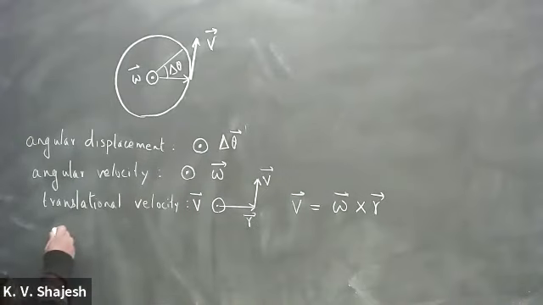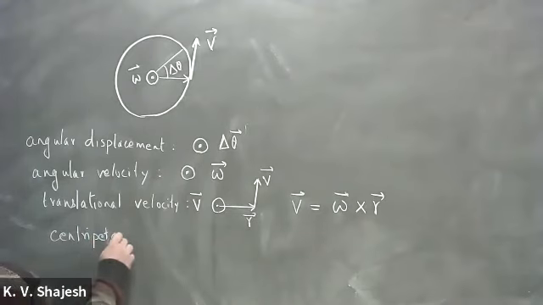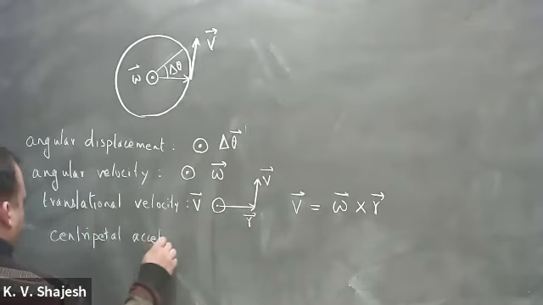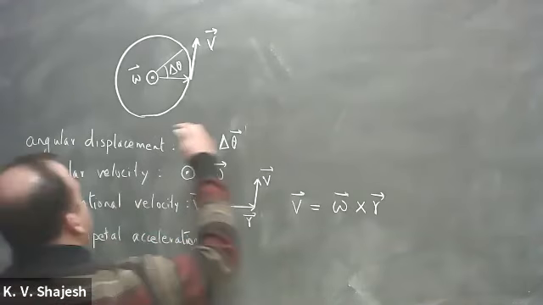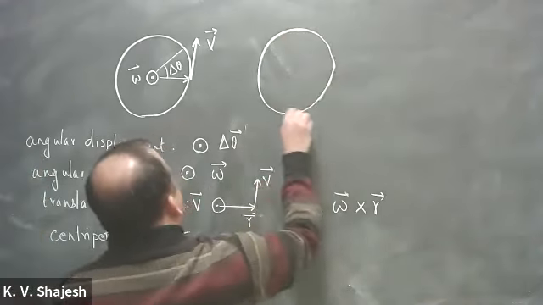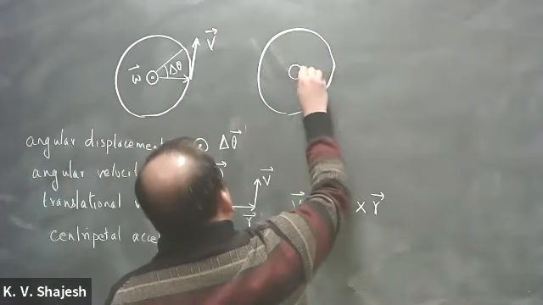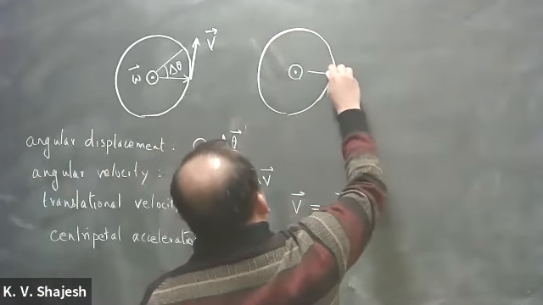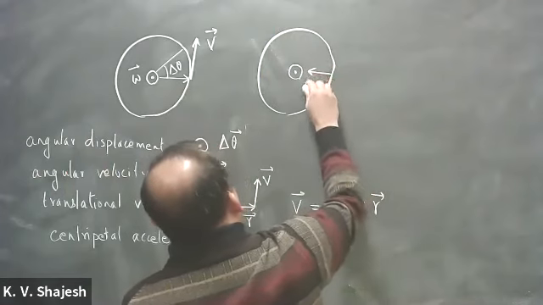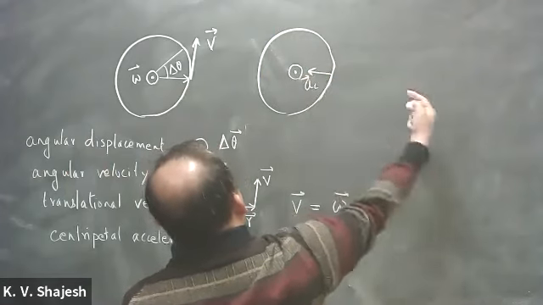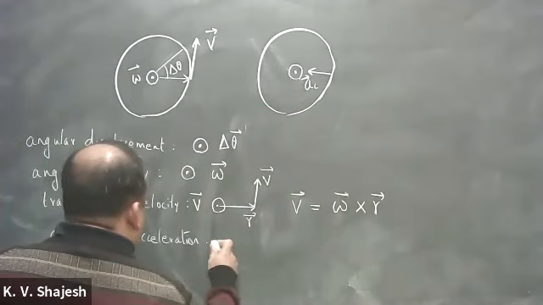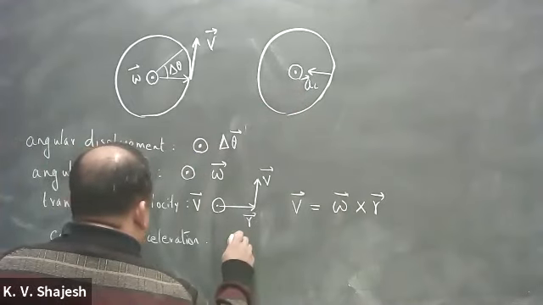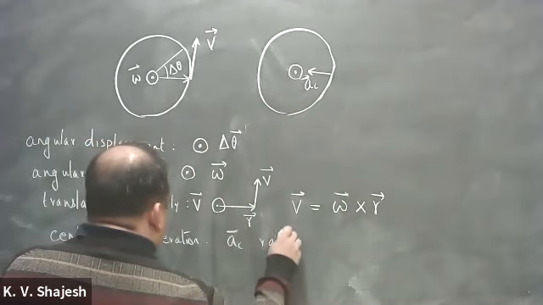And then there were questions on acceleration. Centripetal acceleration is always towards the center. So the same circle drawn again. Centripetal acceleration is radially inward, so a_c is radially inward.